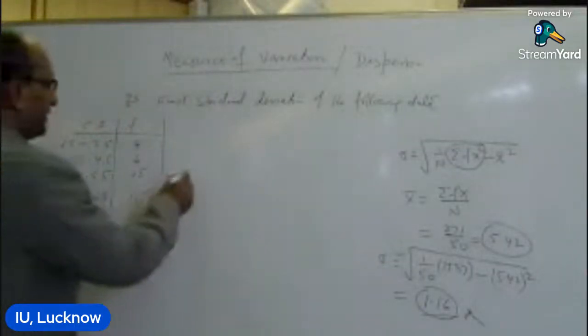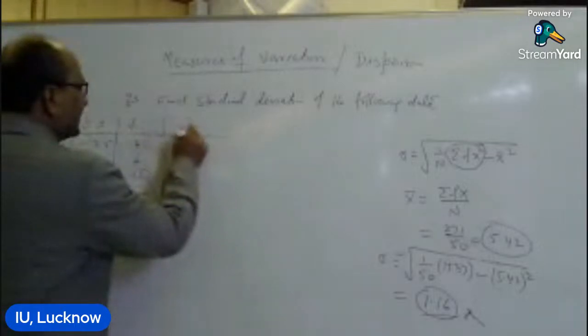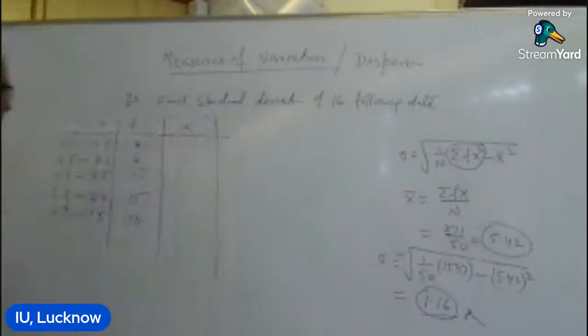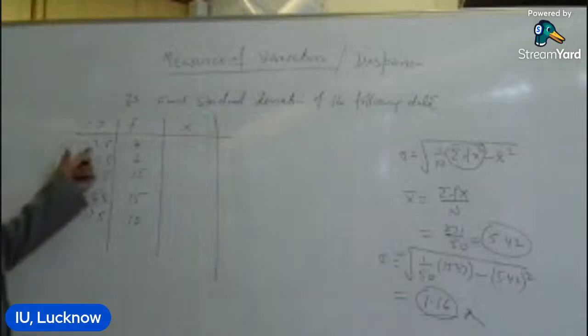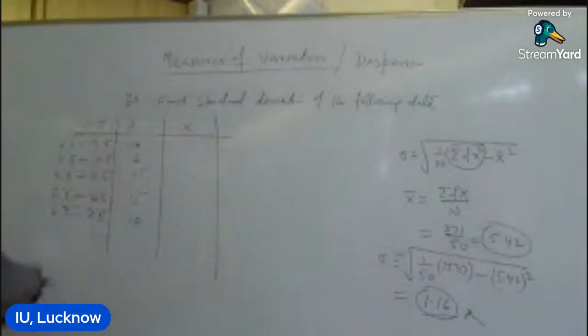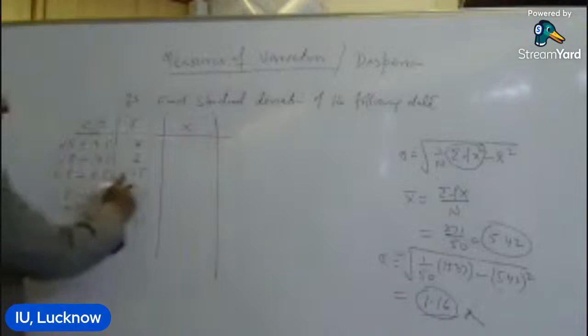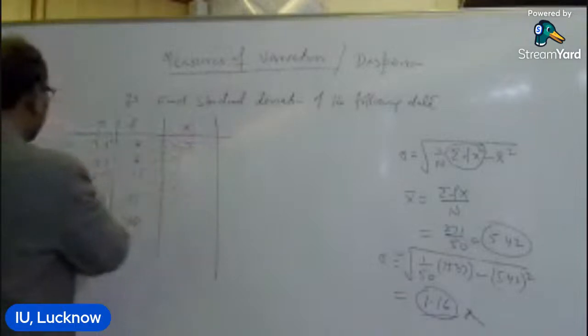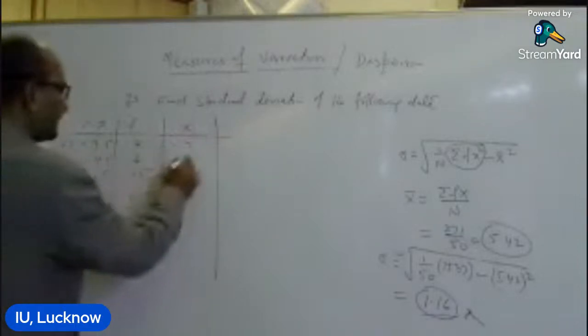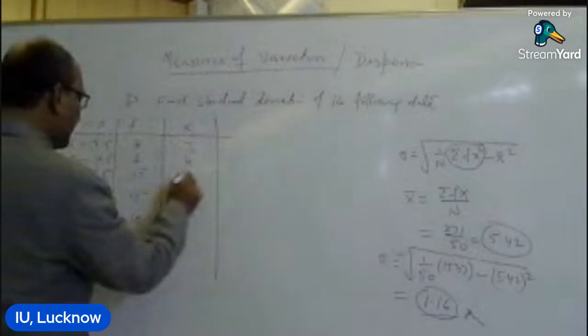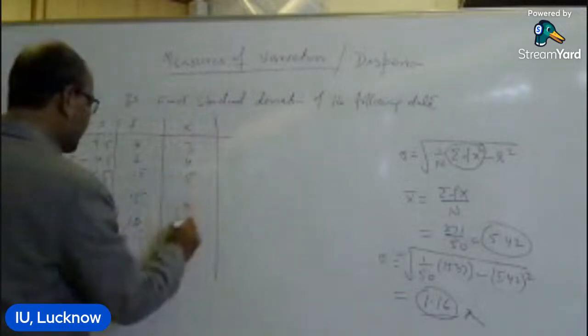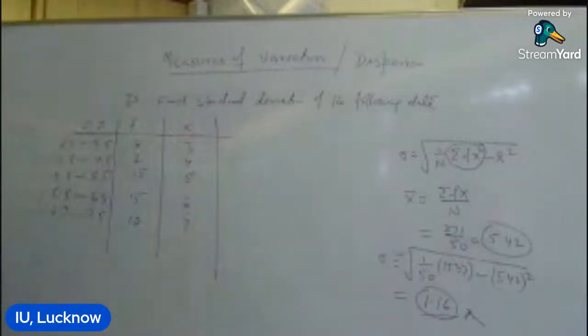So what is the x? Because the variable is given in class intervals, we find the mid value of each class interval. So the mid value of 2.5 to 3.5 is 3, 3.5 to 4.5 is 4, then 5, 6, and 7. So this is the mid value x of the class interval.